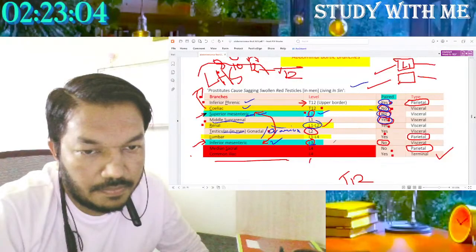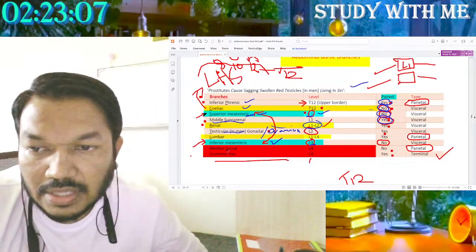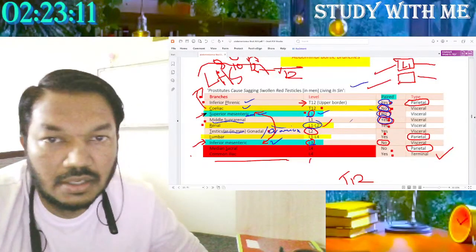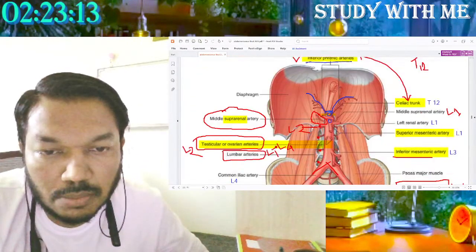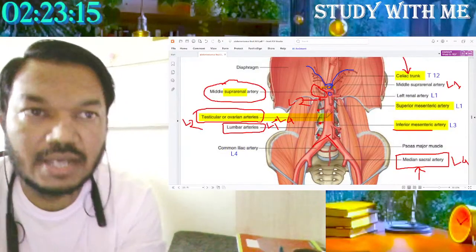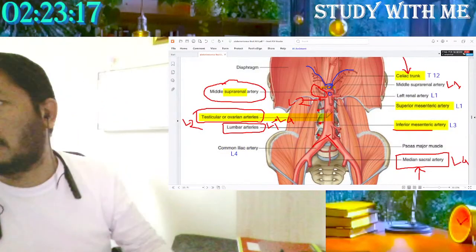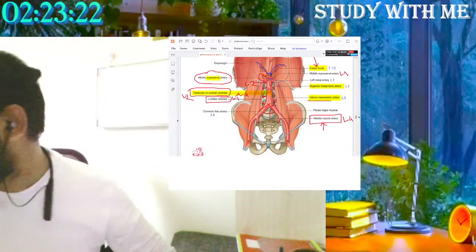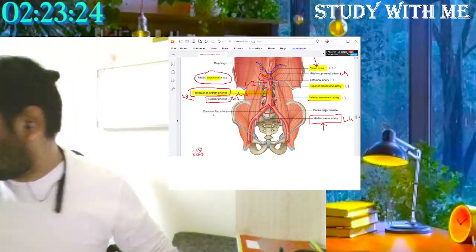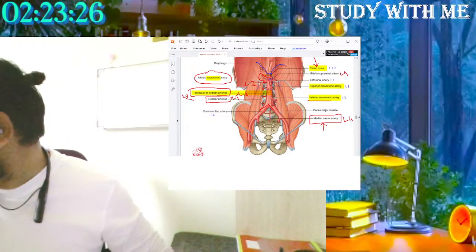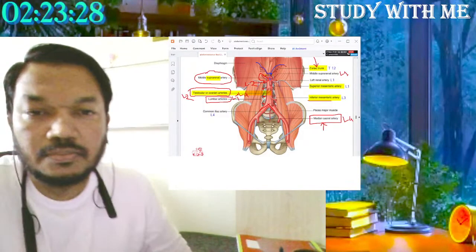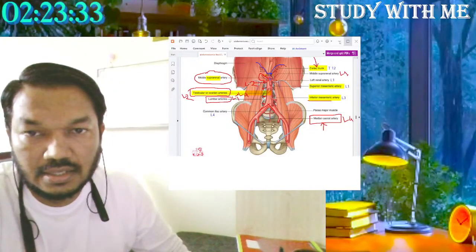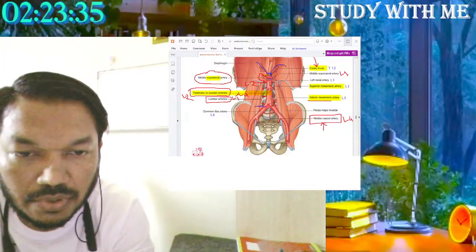Okay. Then median sacral, lumbar 4, and common iliac. Median sacral will go posteriorly, and common iliac is at the level of L4.